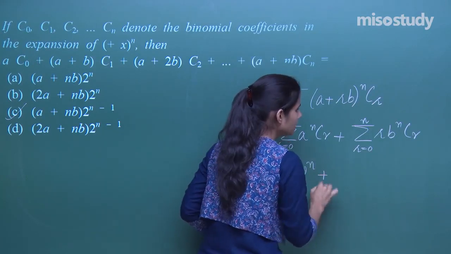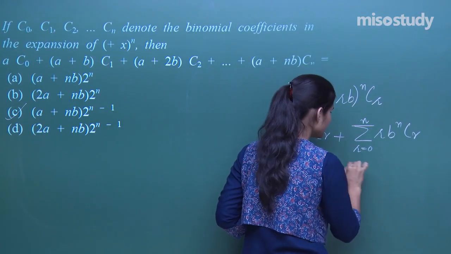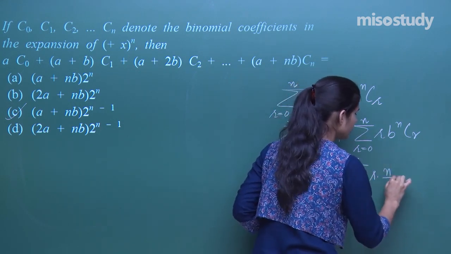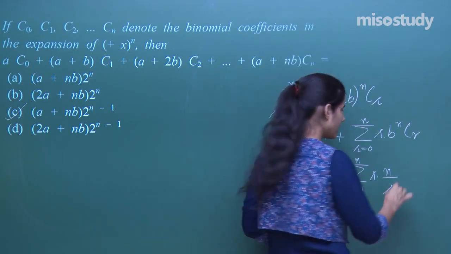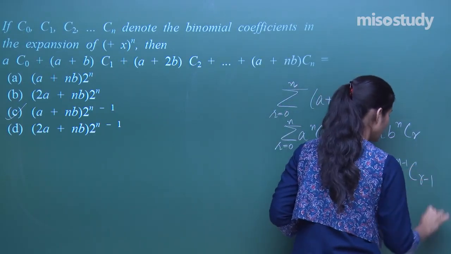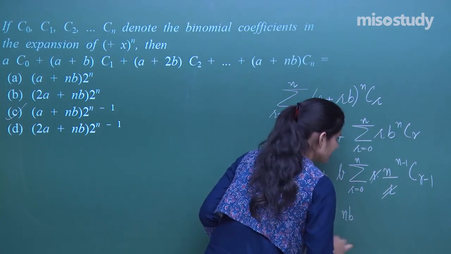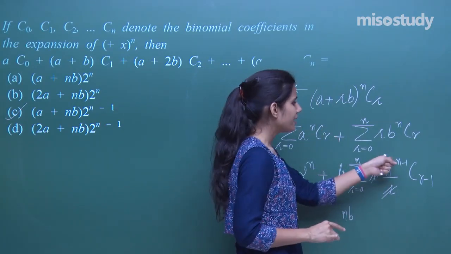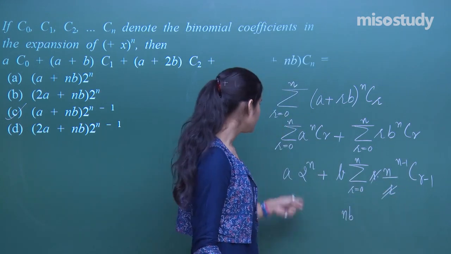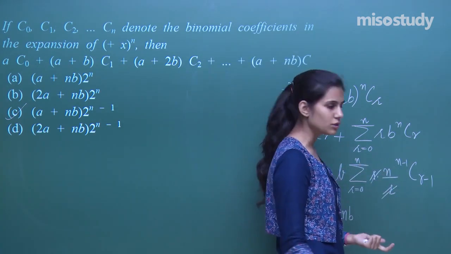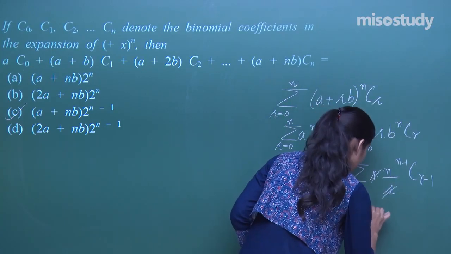2 to the power n, plus here what I'm going to do is b comes outside, I have r varying from 0 to n, r into, I can write NCr as n by r, n minus 1 C r minus 1. r cancels, n comes outside, you get n times b, summation n minus 1 C r minus 1. Now if summation NCr is 2 to the power n, summation n minus 1 C r minus 1 is 2 to the power n minus 1.